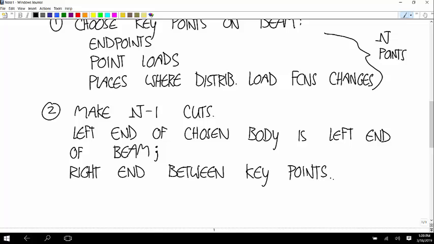And we're going to calculate the internal loads on that interval. And then finally, the internal loads are going to be piecewise functions.